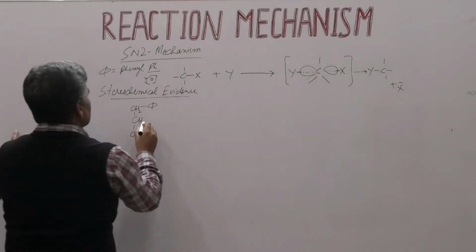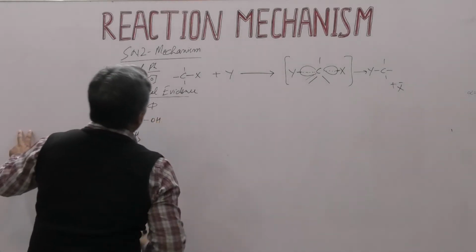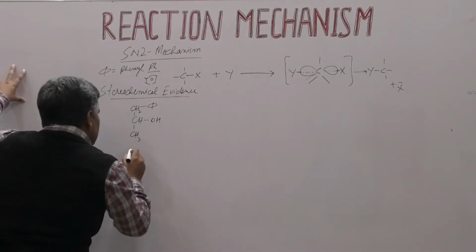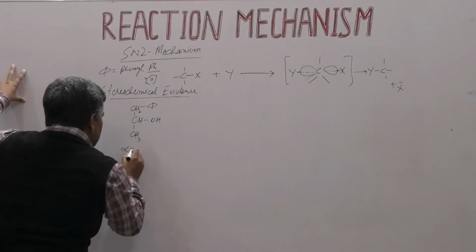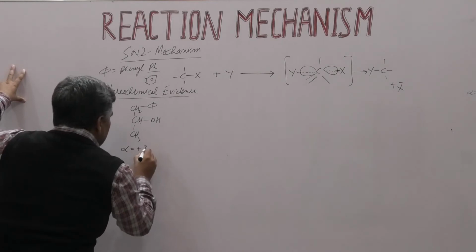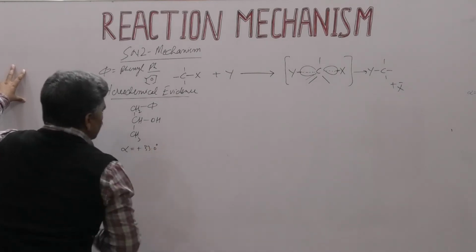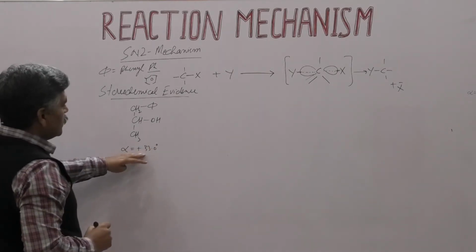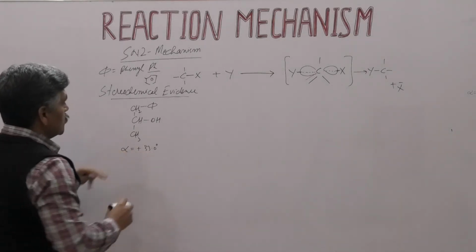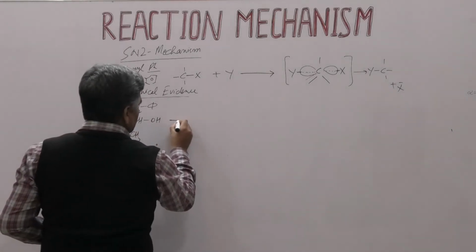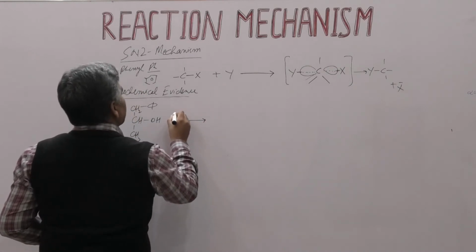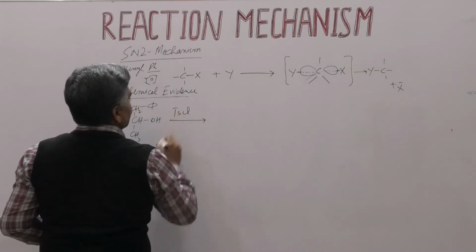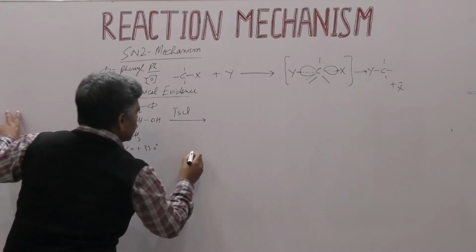Here we have CH3, OH. It has an angle of rotation equal to plus 33.0. So this is a positive sign. It means it is a dextrorotatory enantiomer. Suppose we have two routes. When it reacts with tosyl chloride, this tosyl chloride is like that.